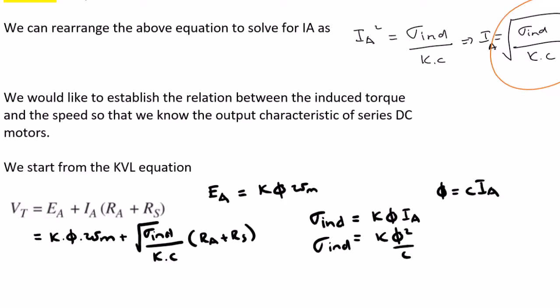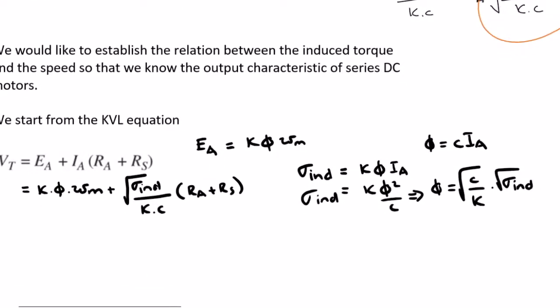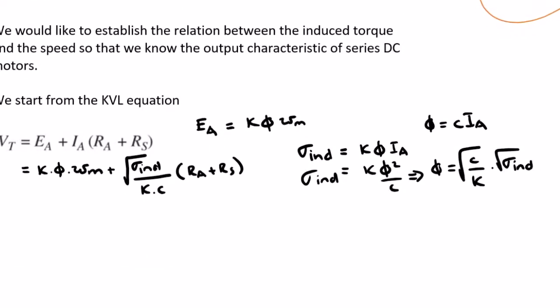Okay, and then we can write it, to solve for pi, as pi equals square root of C over K times square root of the induced torque. Now we are going to substitute this pi, if you look on the left, with what we have just found.